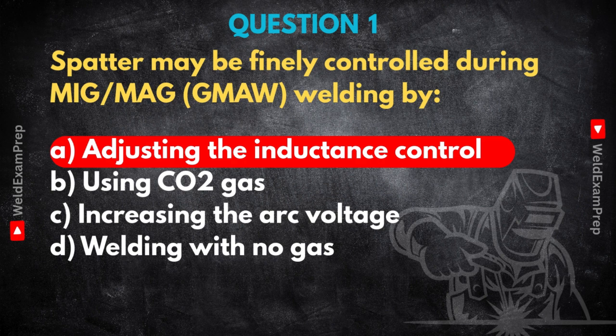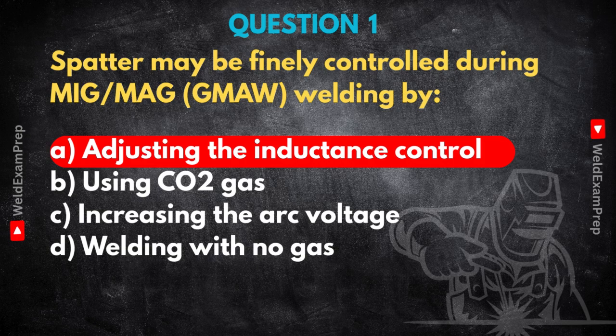It points to instability in the arc, in the metal transfer. An inspector seeing that should immediately think: are the inductance settings off? Or maybe the voltage or the wire feed speed isn't quite right? It's a clear sign the weld quality itself might be compromised, because uncontrolled spatter often means uncontrolled, turbulent metal transfer, which could lead to other defects if it's severe enough.